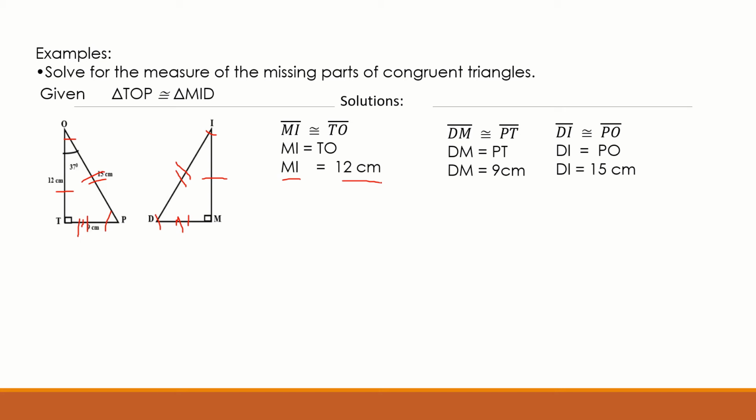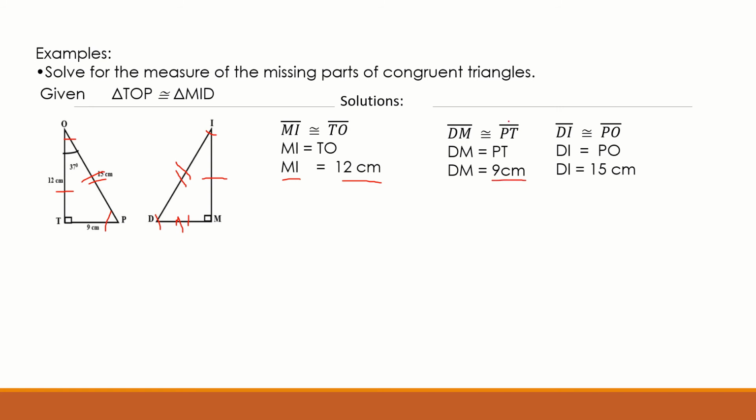Next, we have DM is congruent to PT. Ito, PT and DM. Therefore, pareho din sila ng sukat. Okay, ang sukat nito is 9 centimeters. Therefore, kung ang TP ay 9 centimeters, DM is also 9 centimeters.